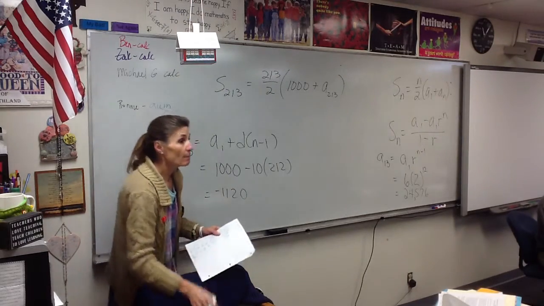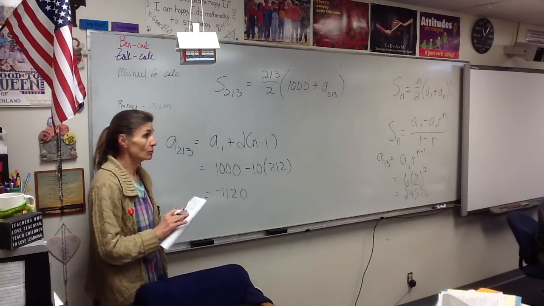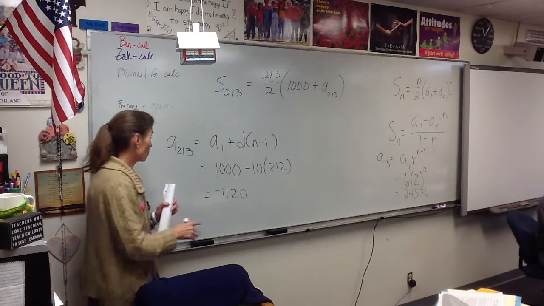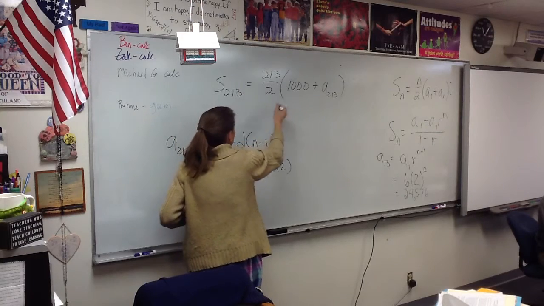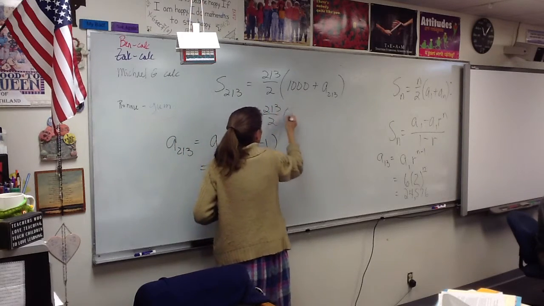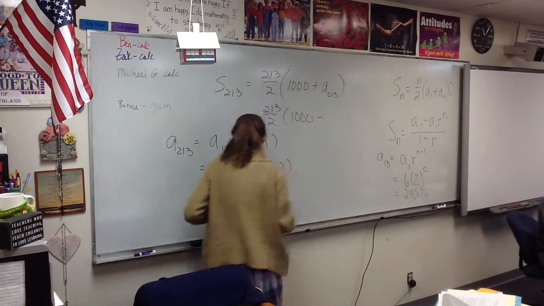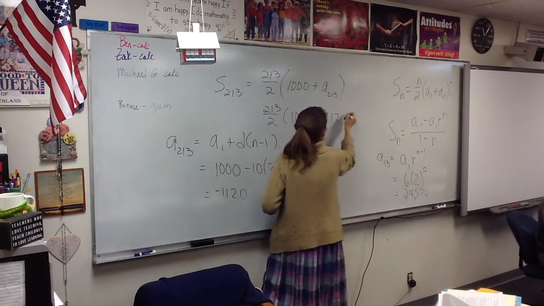Now, is that what I put in the answer blank or draw a circle around? No, what did I do that for? So I could put it right there. So I have 213 over 2 times 1,000 minus 1120.